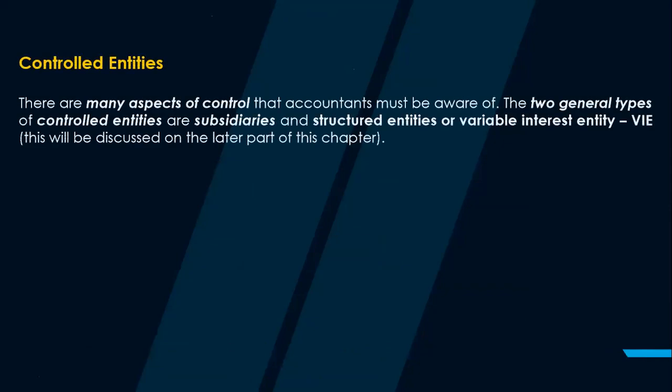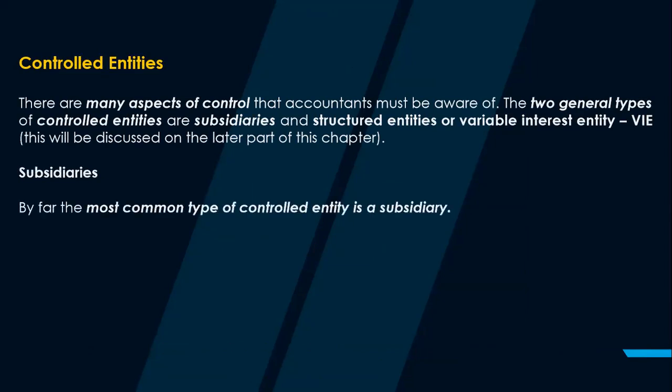Controlled entities: there are many aspects of control that accountants must be aware of. The two general types of controlled entities are subsidiaries and structured entities. The variable interest entity will be discussed in a later part of this chapter.